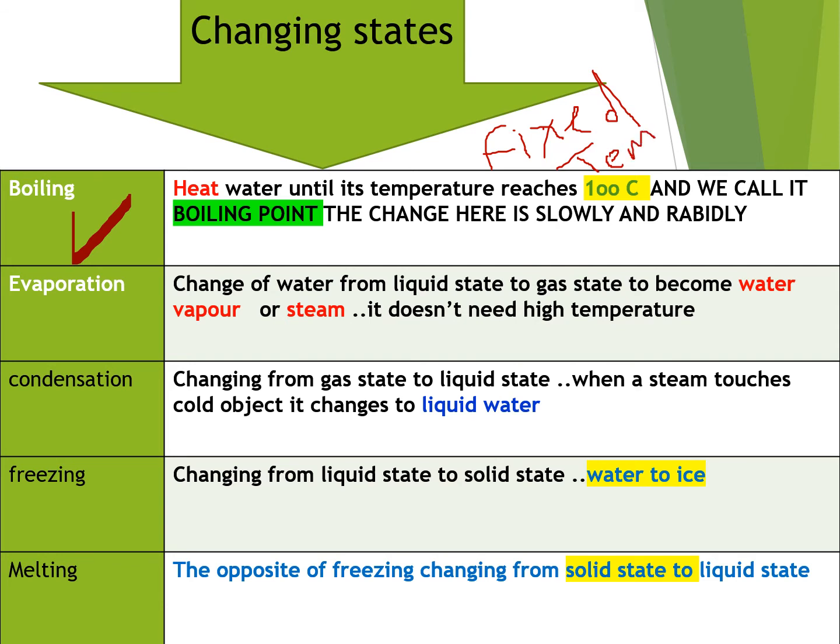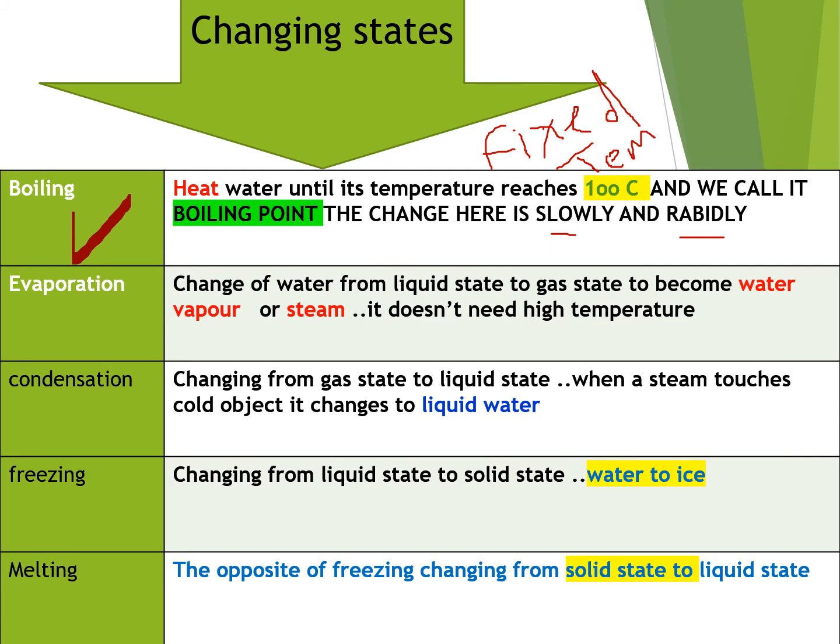That means when the water temperature becomes 100 Celsius, it will have the boiling process, and we call 100 Celsius the boiling point. The change at boiling is very slow and needs a long time, a period of time.